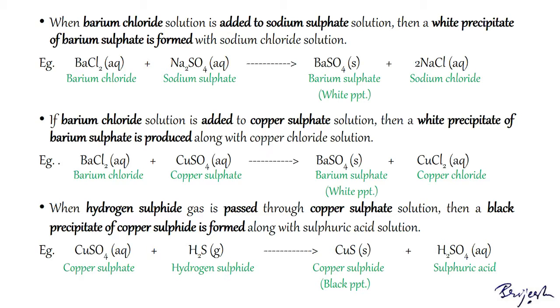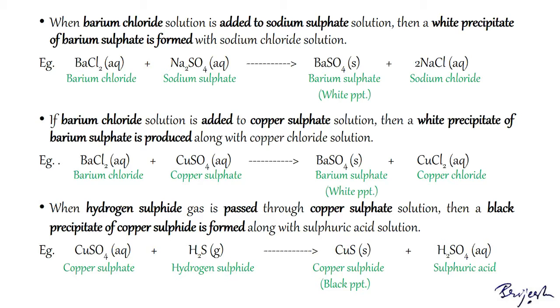If barium chloride solution is added to copper sulphate solution, a white precipitate of barium sulphate is produced along with copper chloride solution. So in this double displacement reaction, two compounds, barium chloride and copper sulphate, react by an exchange of their ions to form two new compounds, barium sulphate and copper chloride.